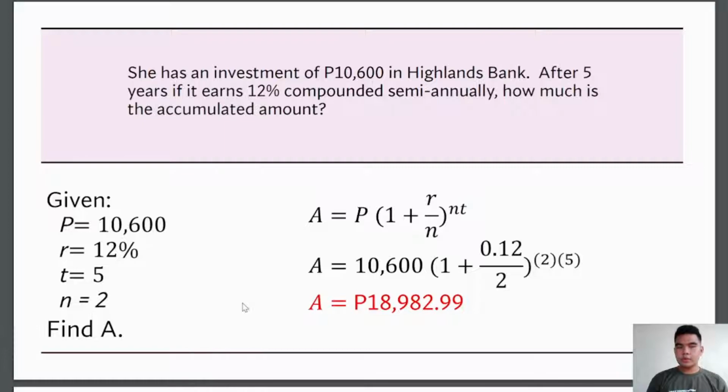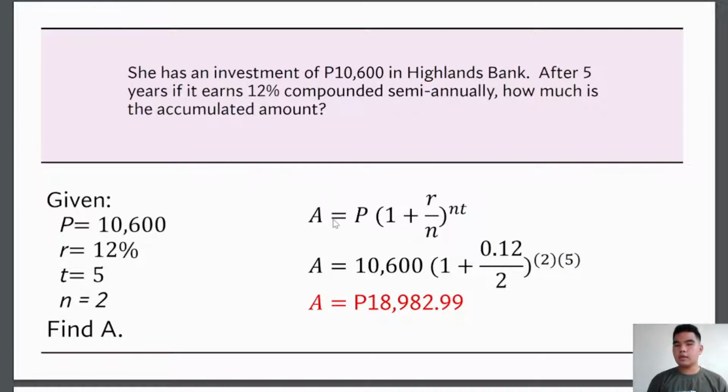So, we need to find first the P, which is equal to 10,600, R is equal to 12% or 0.12, T is equal to 5 years, N is equal to 2 since it is compounded semi-annually. So now we are going to find A, or the accumulated amount of her investment.